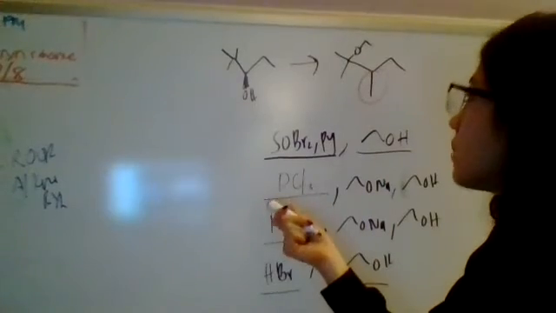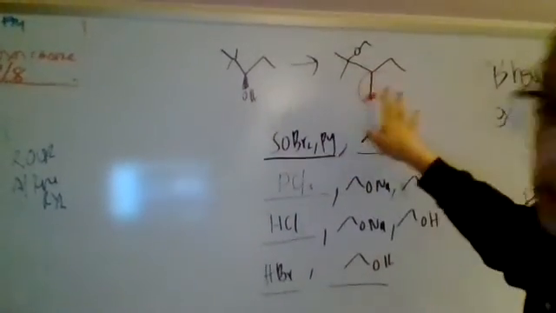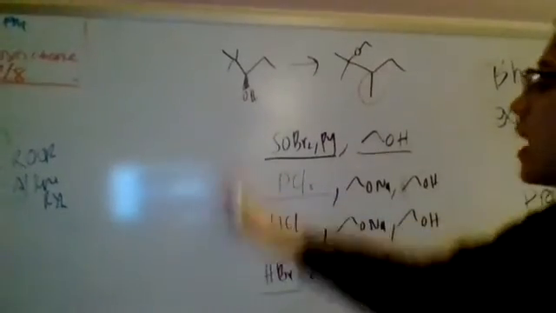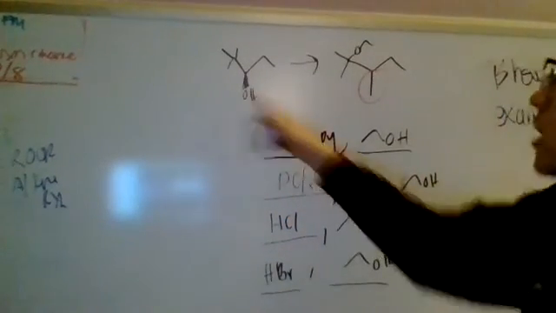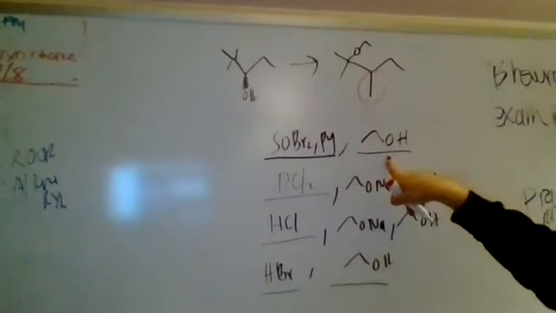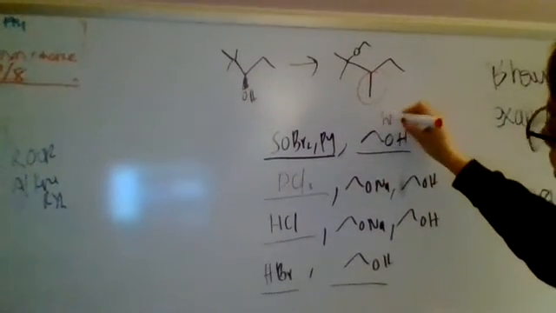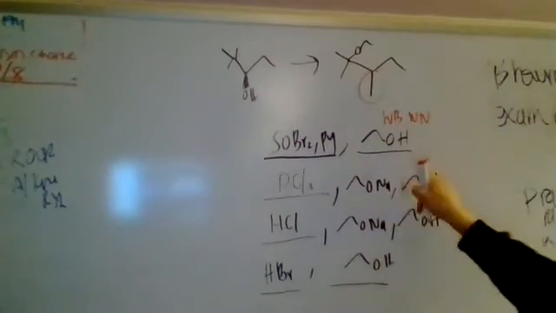And an elimination reaction will obviously give me a double bond somewhere, and I don't have a double bond. So one of these has to be an SN1. This one converts the OH into a good leaving group with the Br. The ethanol is a weak base, weak nucleophile, so it's going to be E1 or SN1.